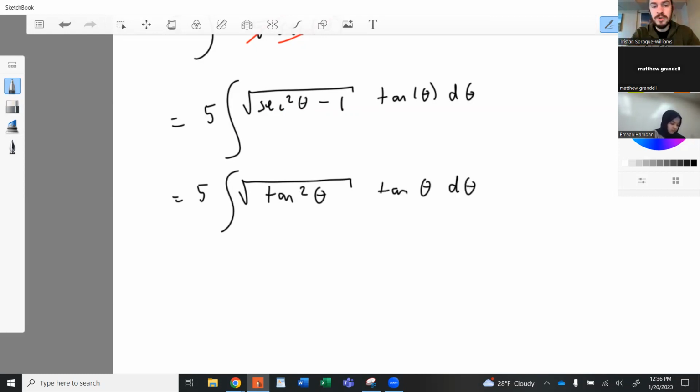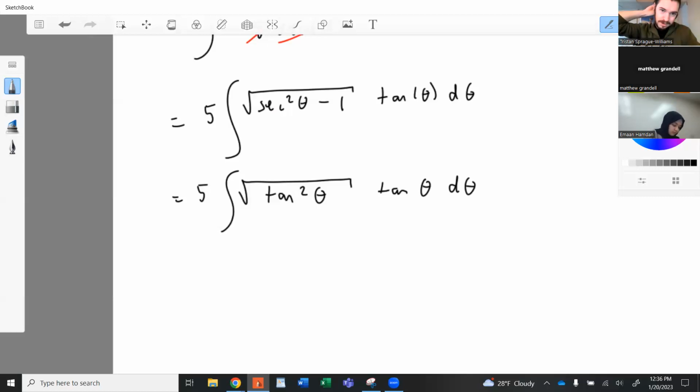Okay. For now, I'm not going to worry about this absolute value of tangent theta and wondering whether we're going to get a plus or a minus. Generally, you don't actually have to worry about that. It's a concern that you want to address, but it tends not to matter.